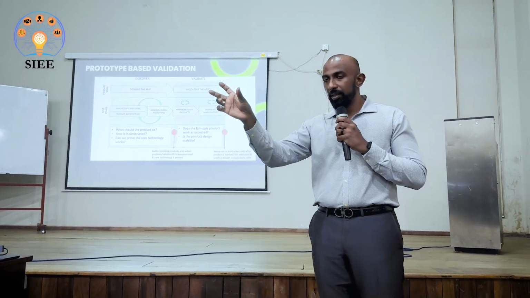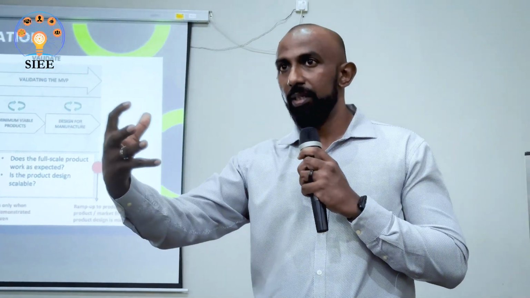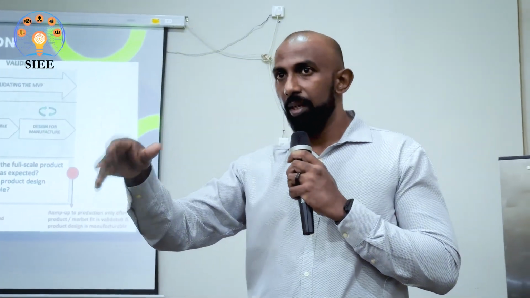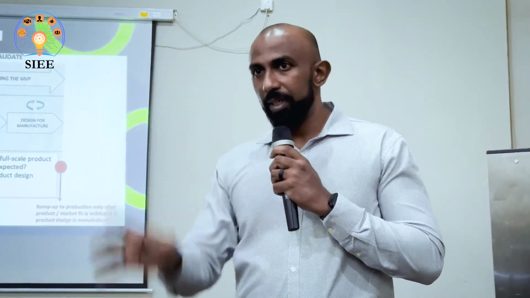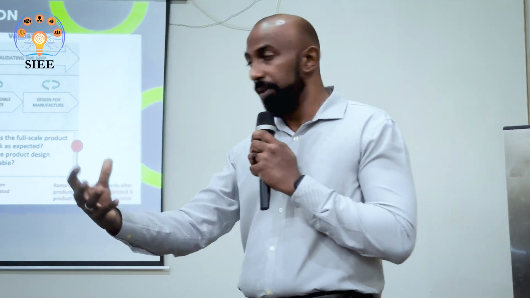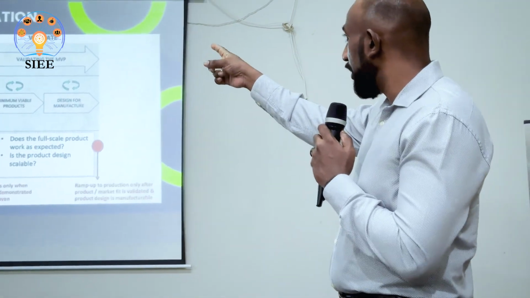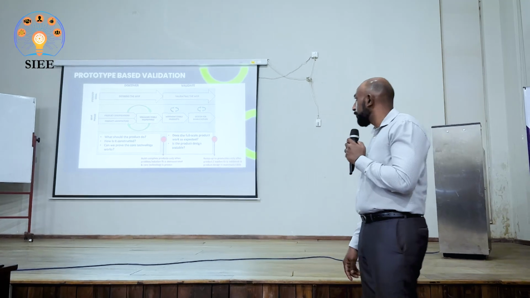During the creation of the prototype, you have to define what features need to go in. We call that the technical spec. Once you have the technical spec document, you can create your prototype, right? So that is defining your MVP, then you go into validate.